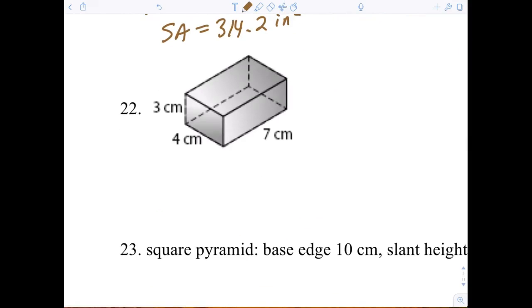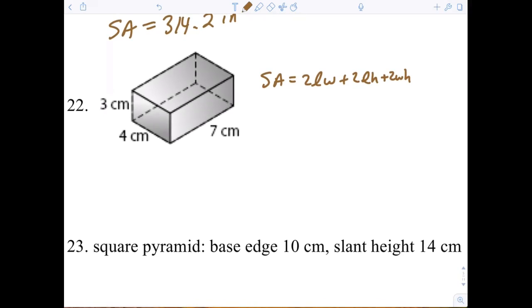All right, 22 again. Surface area equals 2LW plus 2LH plus 2WH. And again, remember, it doesn't matter. H equals L equals W equals.